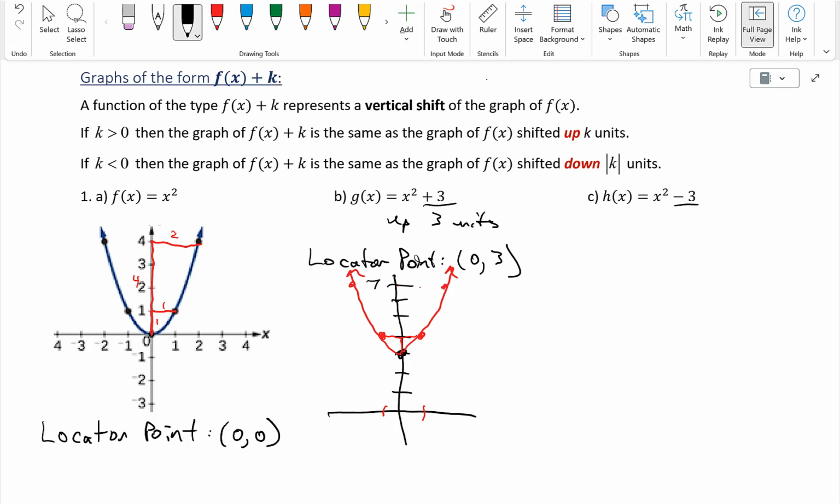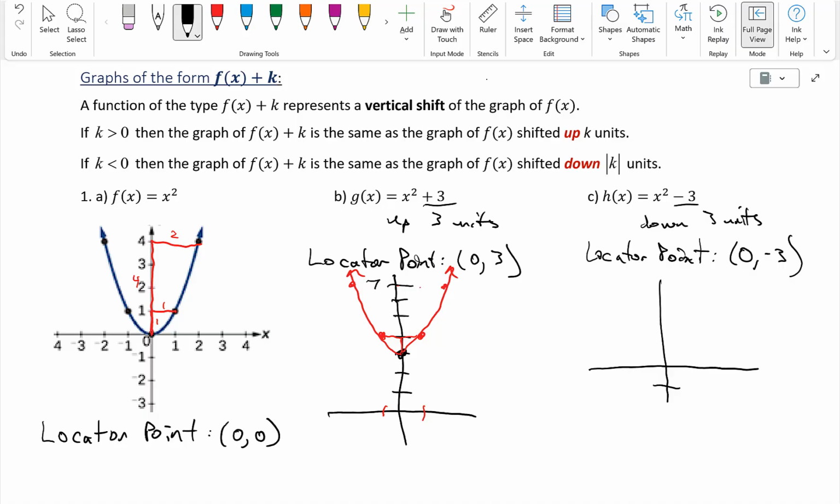All right, for x squared minus 3, h of x here in c, we're going down 3 units. So my new locator point, what I'm going to work around, is 0, negative 3. So I can take that same original graph.